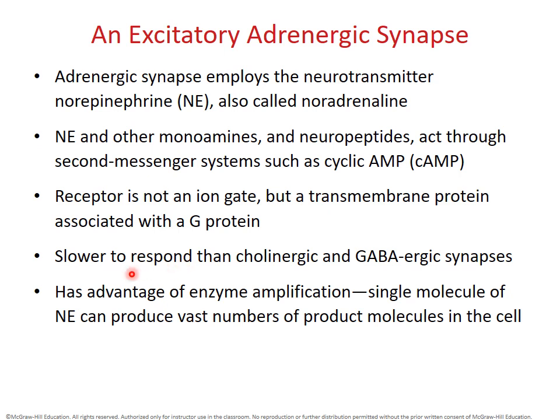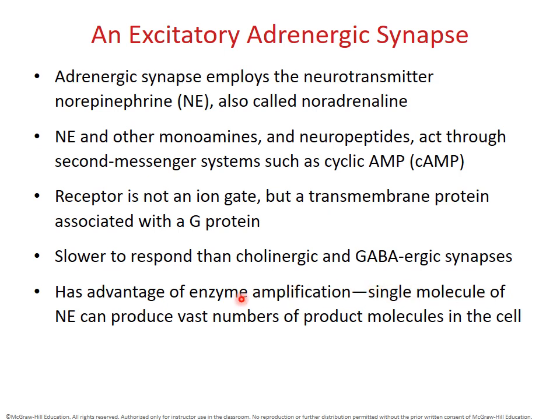The second messenger system type mechanisms in general also often involve activation of enzymes within the cell. And by activating multiple enzymes, a single messenger molecule can activate multiple enzymes to perform specific chemical reactions in the postsynaptic cell. We get what's called enzyme amplification.